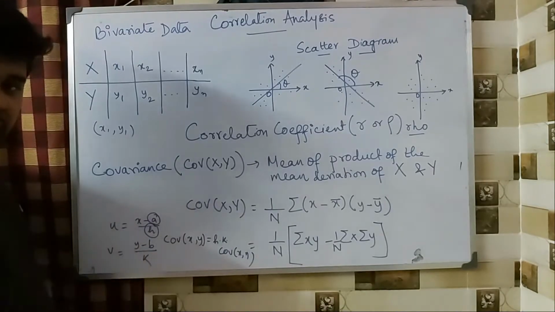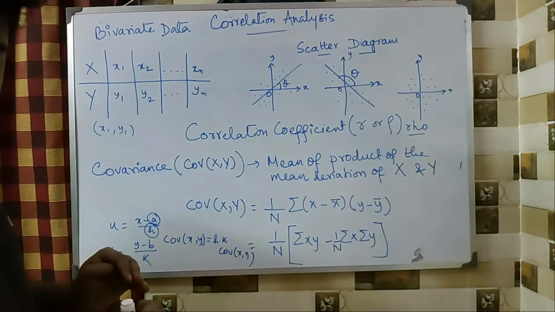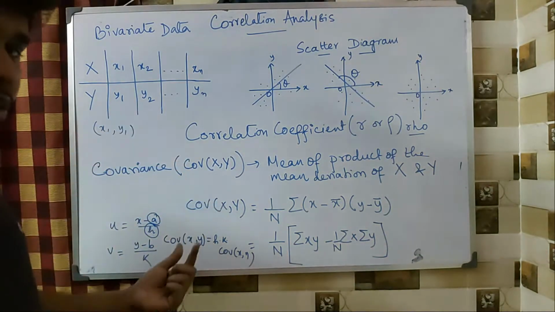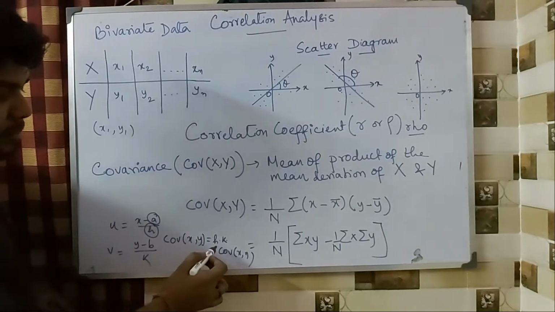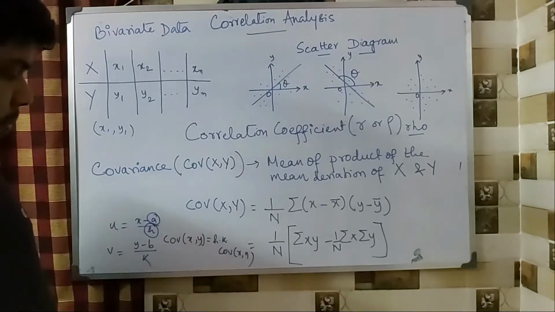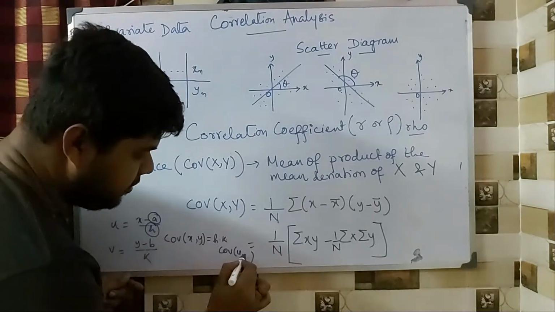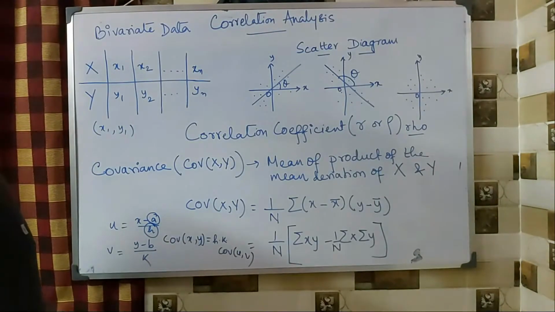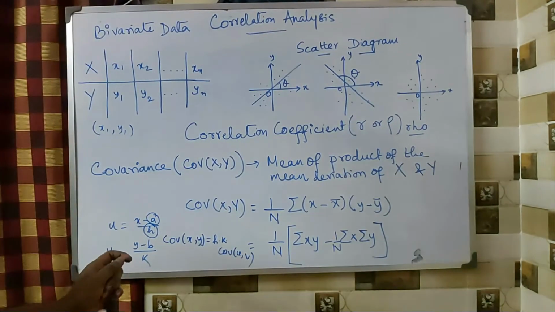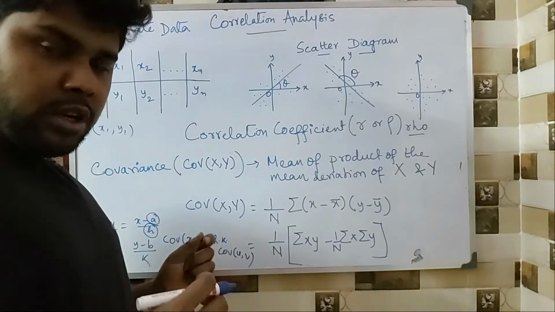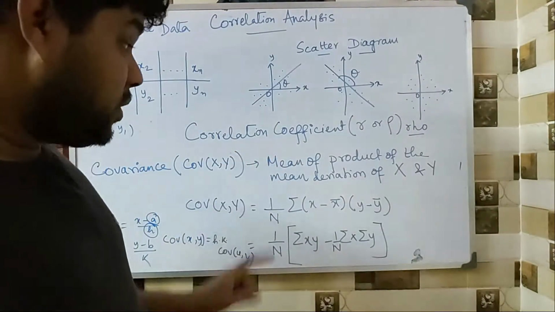Similarly, b and k do the same thing for y, and if you scale down the values and then calculate the covariance, all you need to do is multiply the scaling factor back. You will get the original covariance. Fine. So covariance is just a value which is helpful to find the actual correlation coefficient. So we are coming to that.